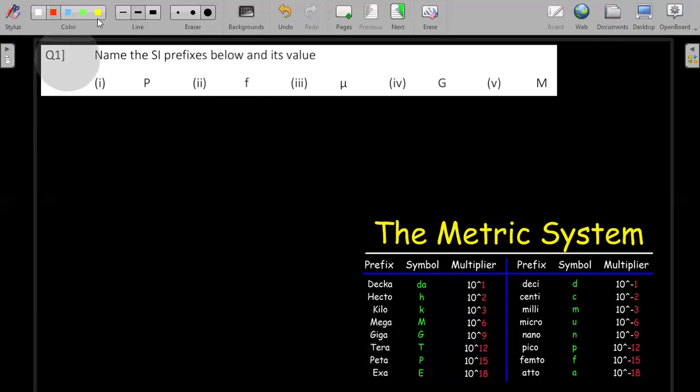Now what is P? You've seen the way they've written it. That's a capital letter P, and the prefix that it represents is peta. The capital letter P represents peta, and its value is simply 10 to the power 15. You can check it from the table.